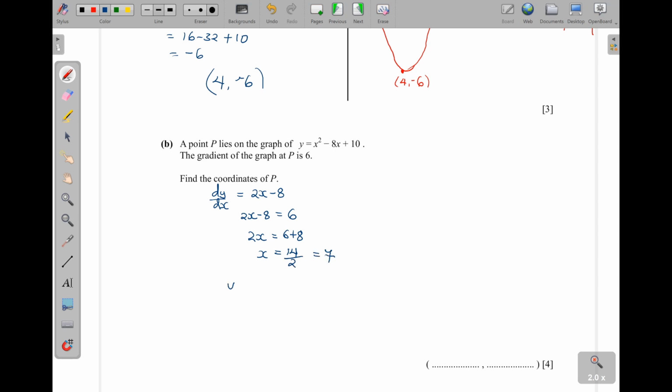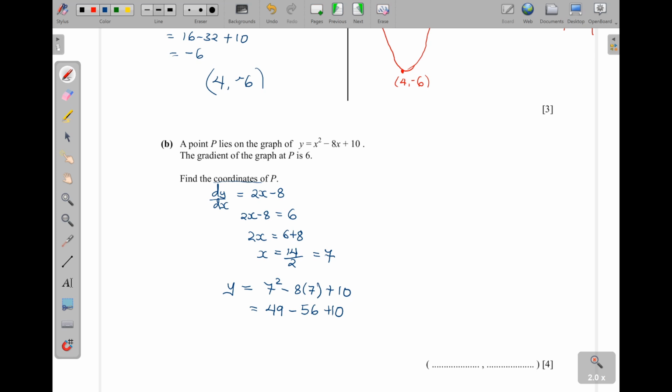Now when x is 7, what is y? Because they said the coordinates, that means we need to get the x coordinate and then the y coordinate. Then we can put 7 here, we square it, then minus 8 times 7, then plus 10. This is 49 minus 56, because 7 times 8 is 56, then plus 10.